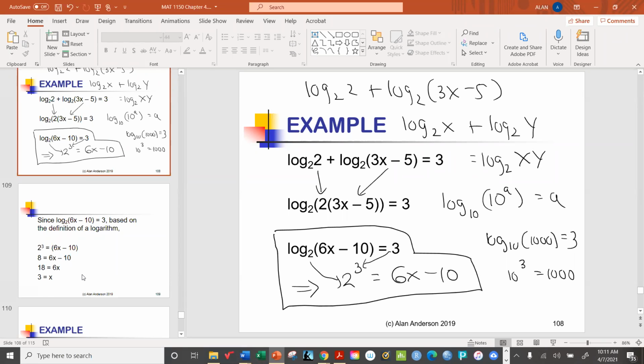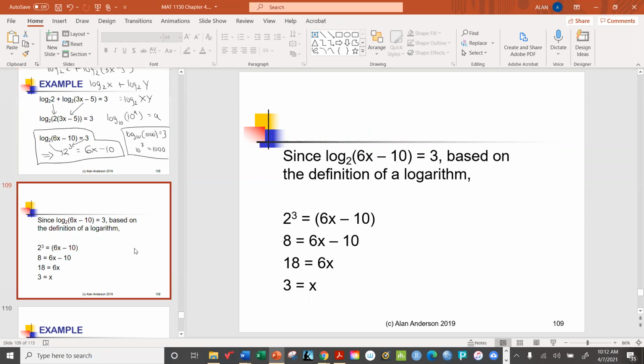So 2 cubed is, in fact, 6x minus 10. And now we can solve this very easily because 2 to the third power is just 8. So 8 equals 6x minus 10, which means that, of course, you add 10 to both sides, divide by 6, and we do eventually end up with 3.